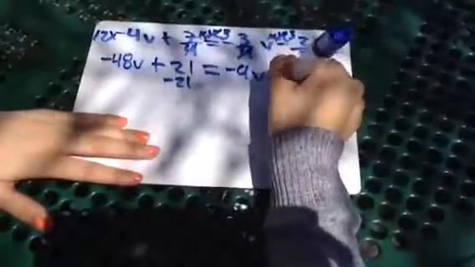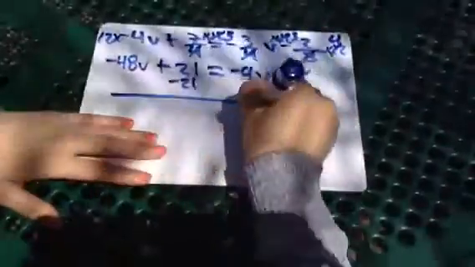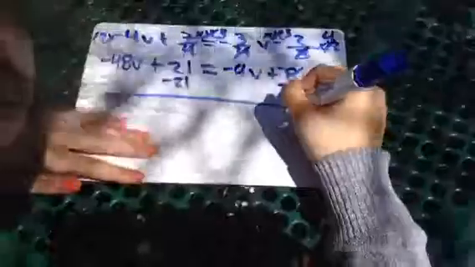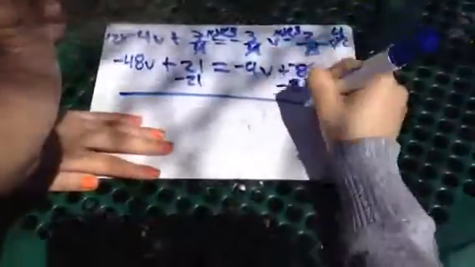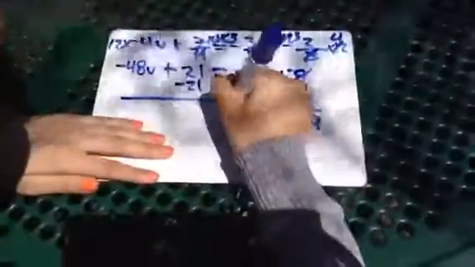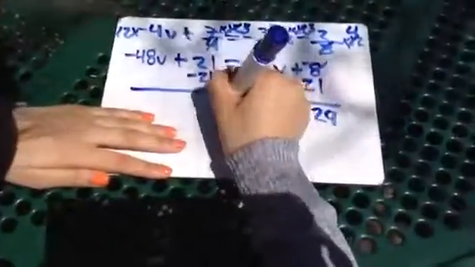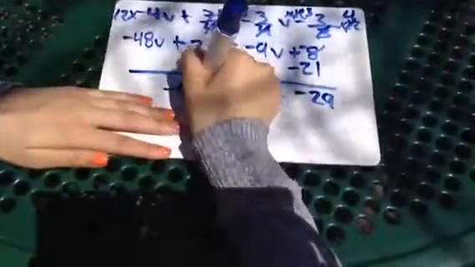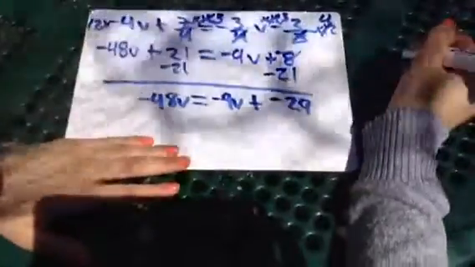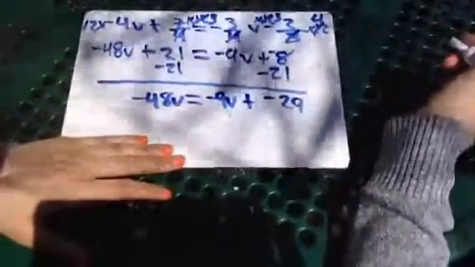You subtract 21 from both sides of the equation. You are then left with the equation negative 48v equals negative 9v plus negative 29.